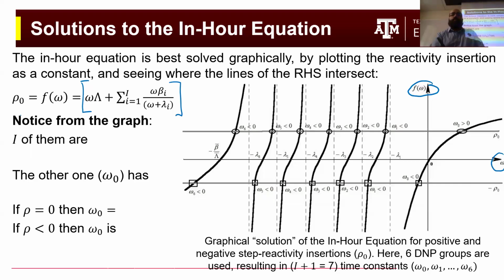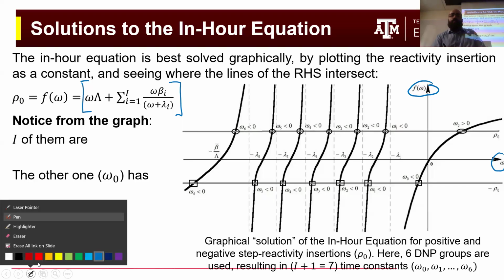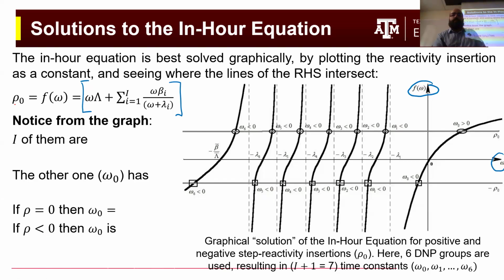And the reactivity insertion corresponds to constant lines in this problem. So we have two reactivity insertions shown in this plot. That red line is the positive reactivity insertion. Notice this is the vertical axis, and this is the origin of my vertical axis.